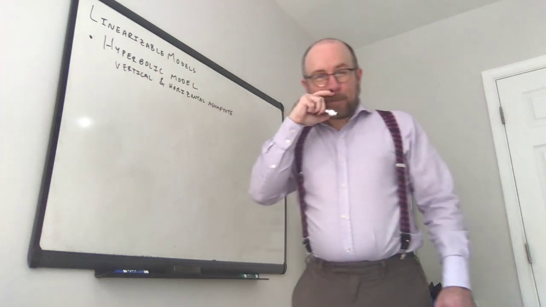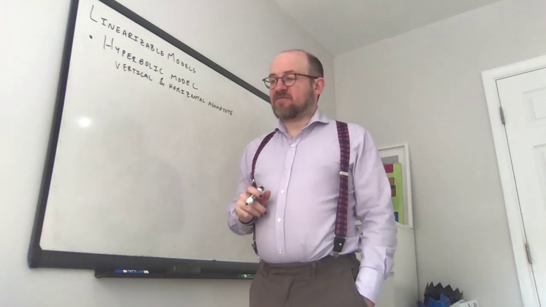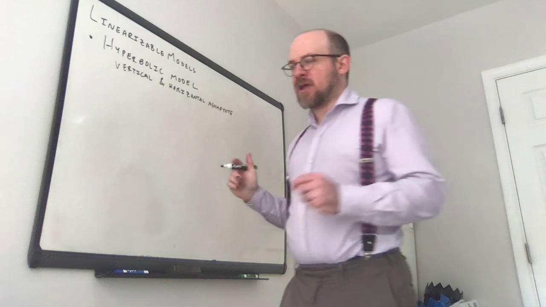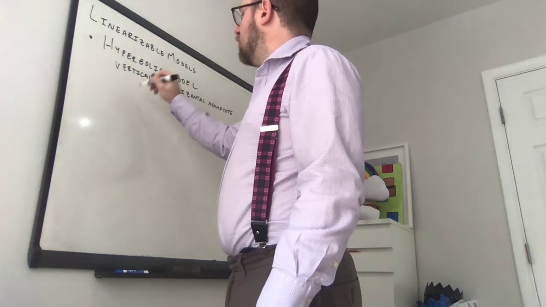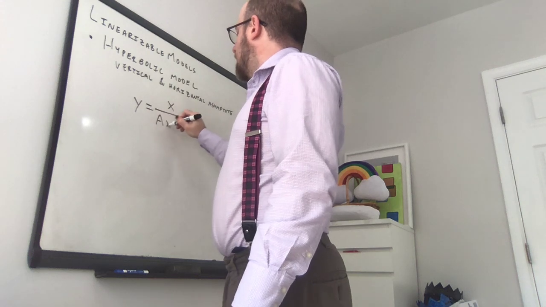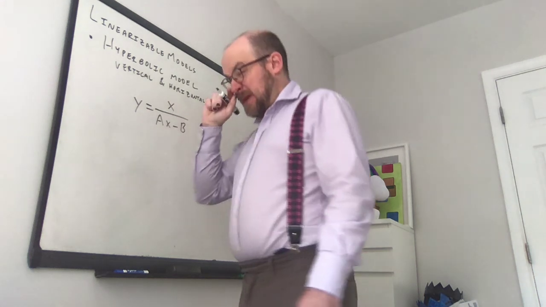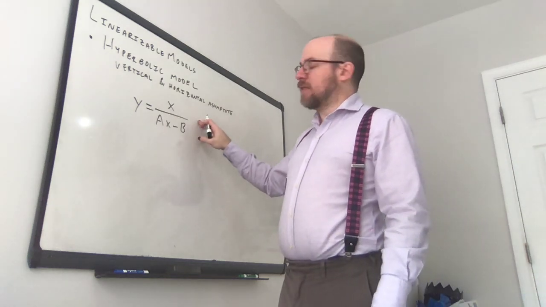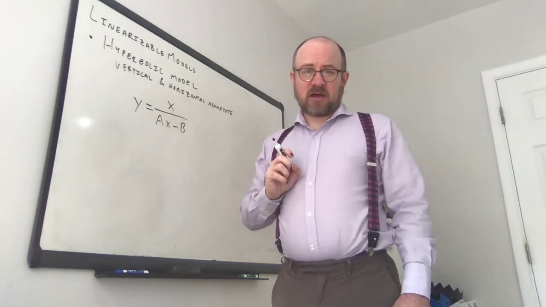And so if your data fits this, it looks like it's got that. The model you're going to try and fit it to is y equals x over (ax minus b). Okay? This will have a vertical and a horizontal asymptote.